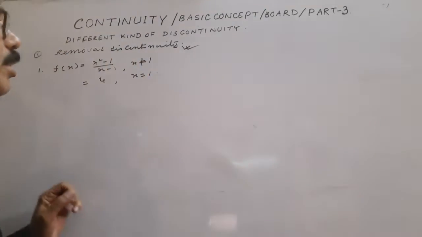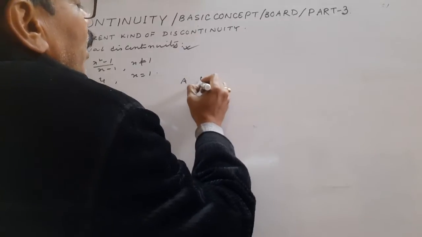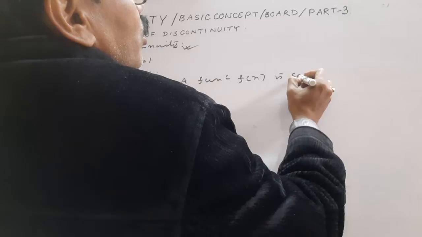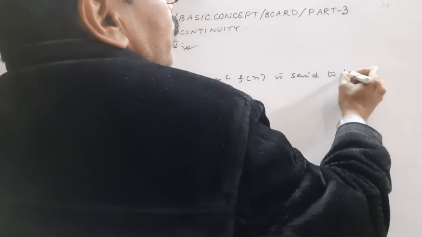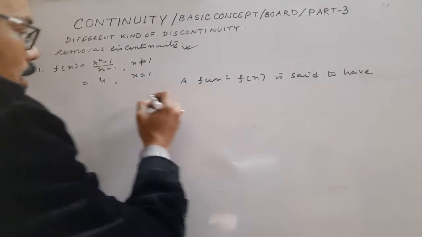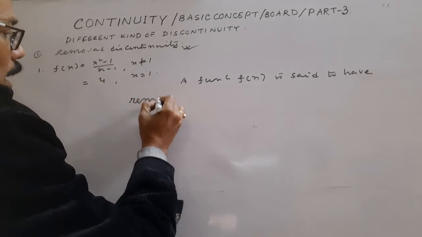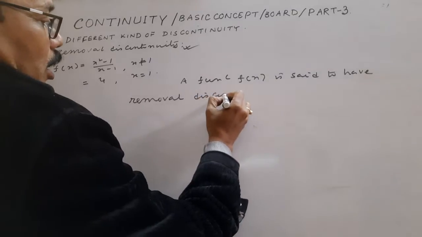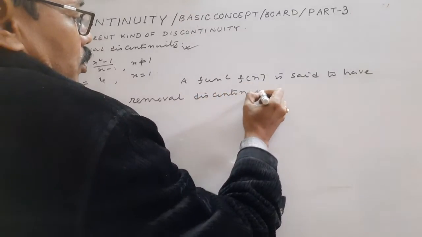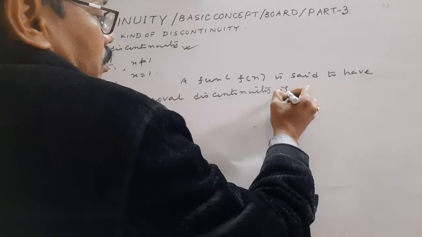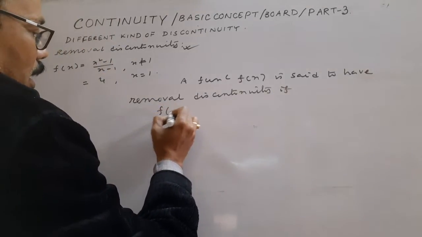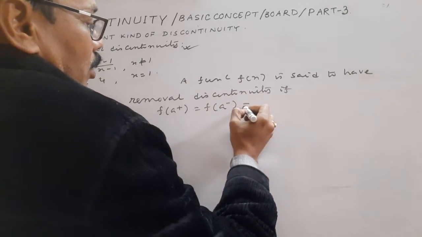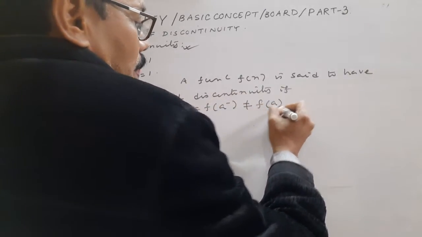What is the definition? A function f(x) is said to have a removal discontinuity at x = a if f(a+) = f(a-) ≠ f(a).